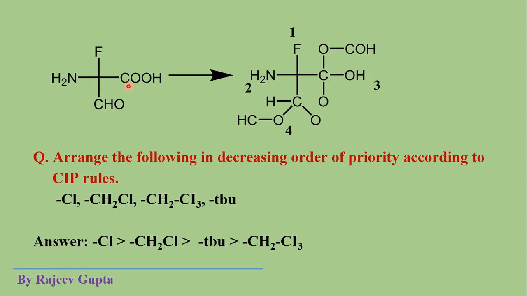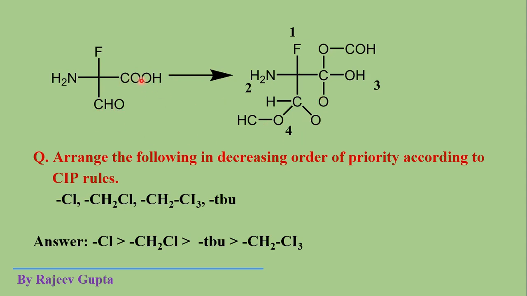We know the rule of moving towards the next atom, where two oxygen atoms are directly attached to this carbon, and here one oxygen atom and one hydrogen atom are directly attached to this carbon. So obviously we may consider this as higher priority compared to this formaldehyde group, this aldehyde group.